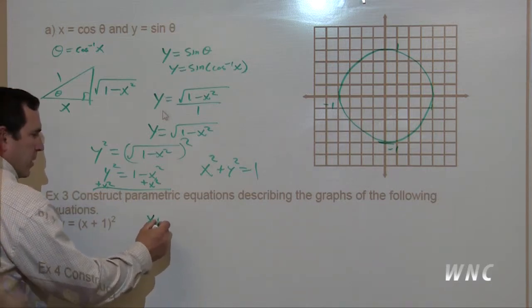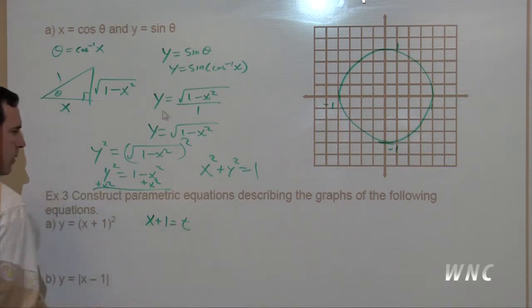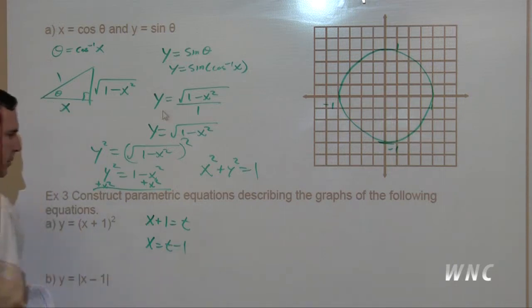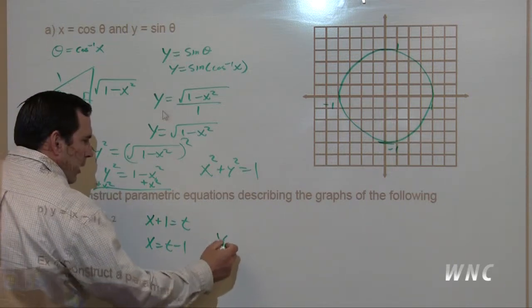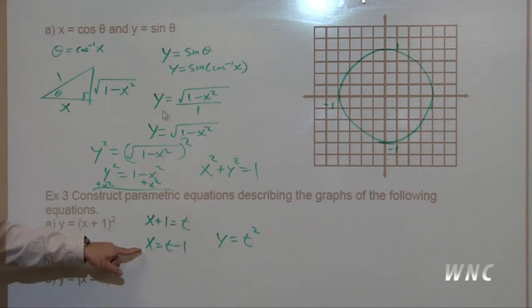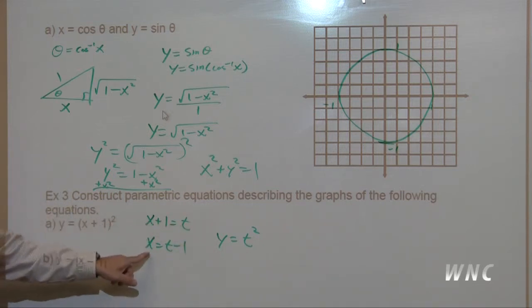What if I said x plus 1 equals t, then x equals t minus 1, and then y equals t squared. That's kind of cool. So this part becomes t, so y is t squared, x is this part. x plus 1 is t, so x is t minus 1.